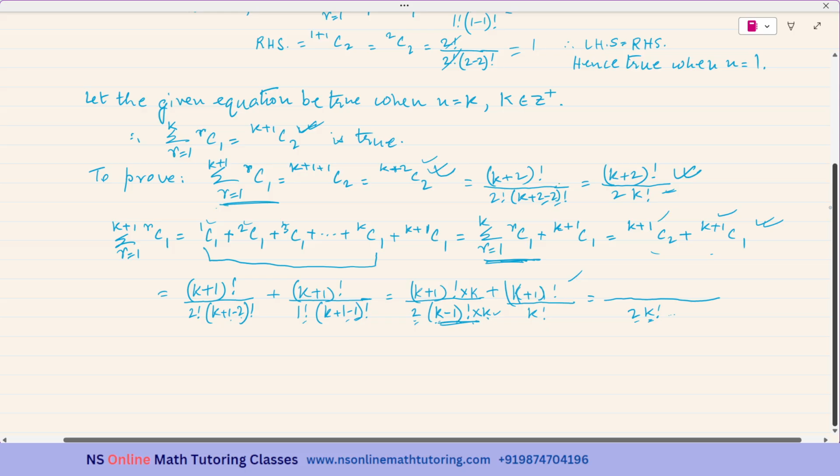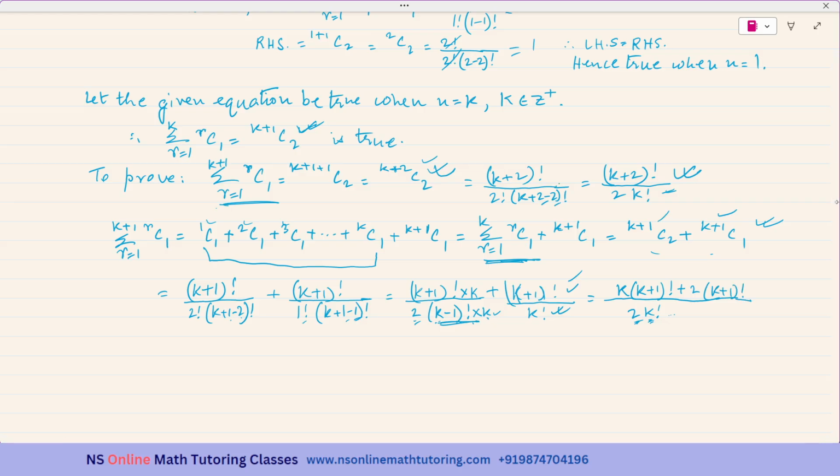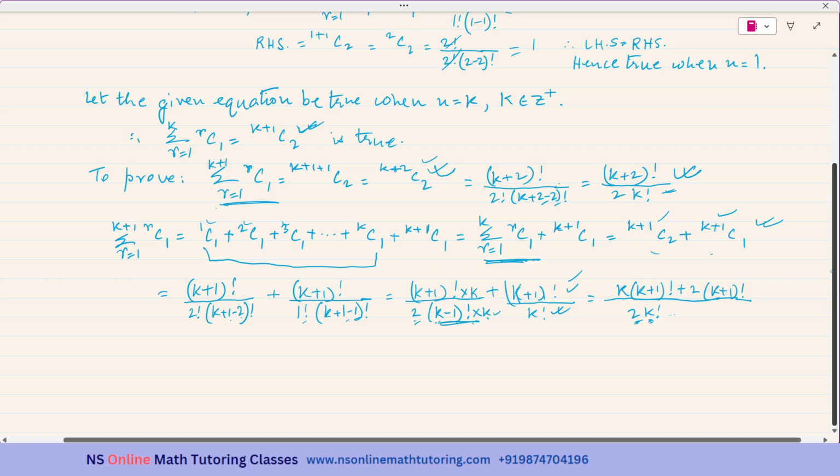So the numerator will be K times K plus 1 factorial. And for the second term, K factorial is present, but 2 is not present. So the second term will be 2 times K plus 1 factorial. Okay. So this is equal to, I can take K plus 1 factorial common.